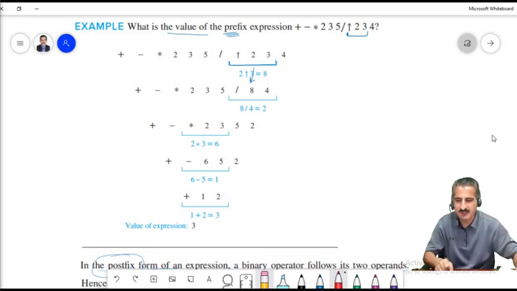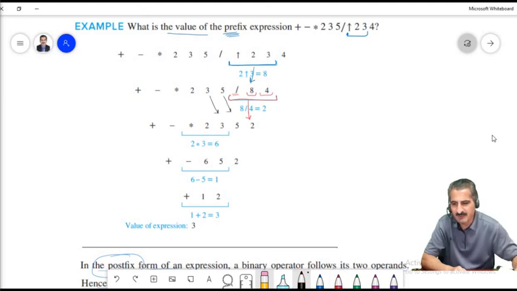Now we have this operand and this operand, and it is preceded by division, so that means we will divide them, and then we get 2, and now all that will be replaced by 2, and the remaining parts will go down as they are. And then we proceed. Now we look for where the operation is.